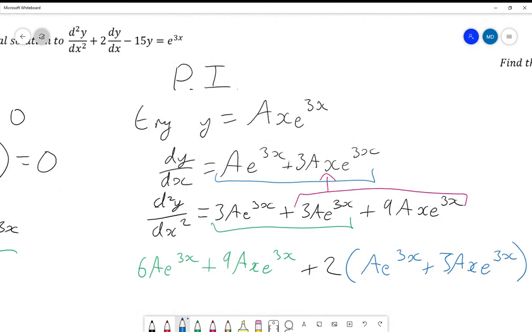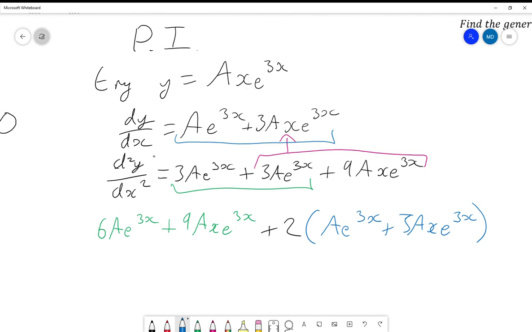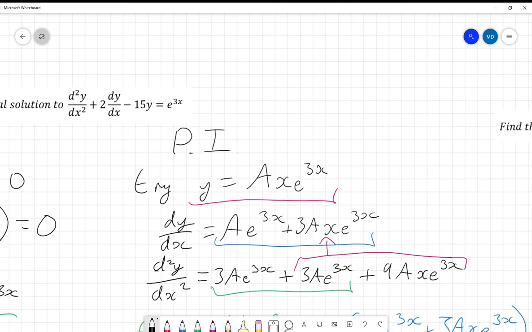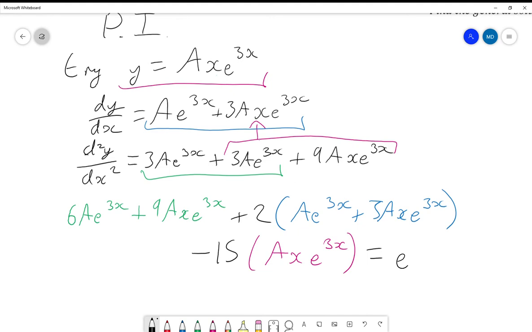And then lastly, we've got the minus 15 lots of, and that's this term here, a x e to the 3x. And that needs to equal, well, we just had on the end e to the 3x.